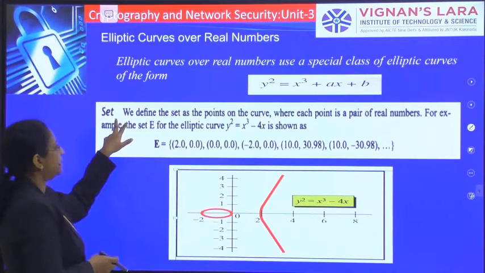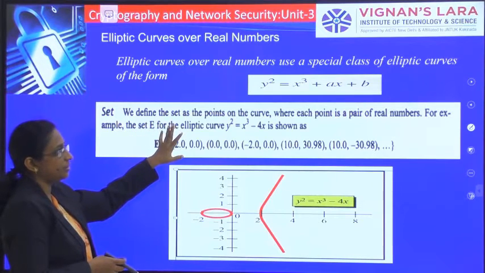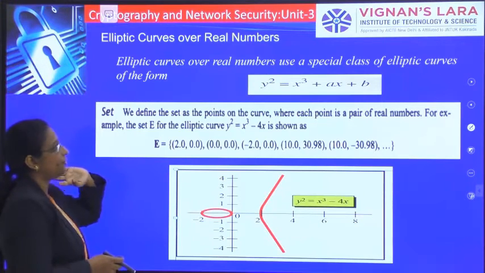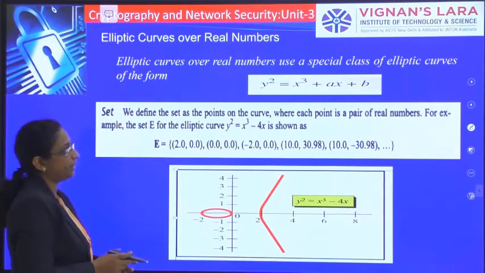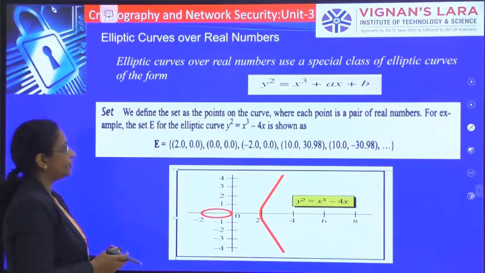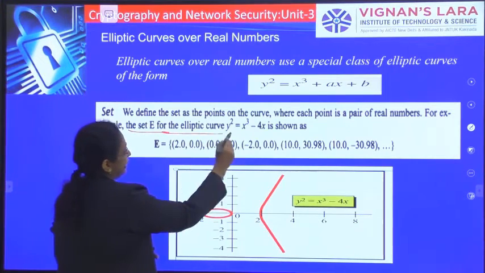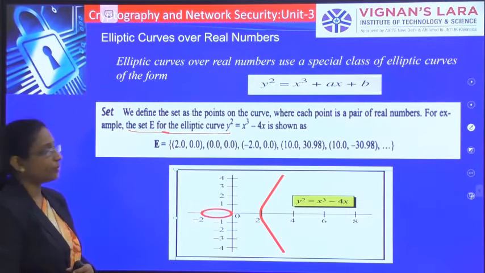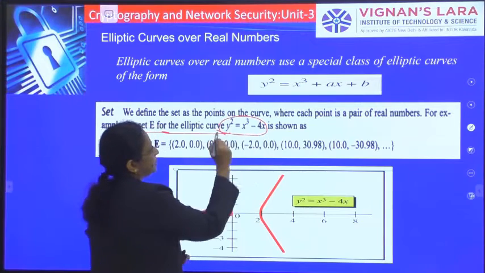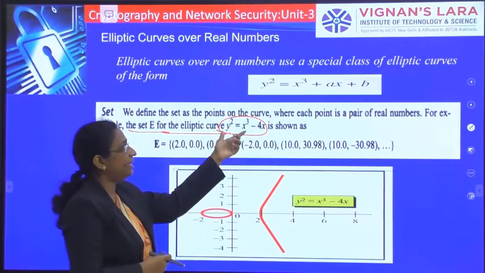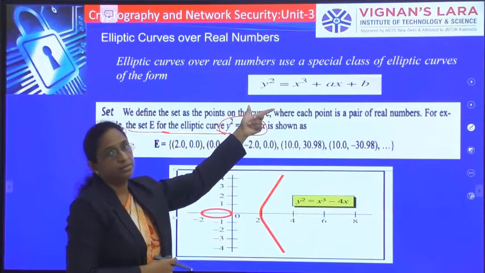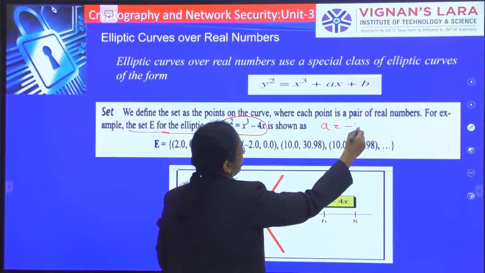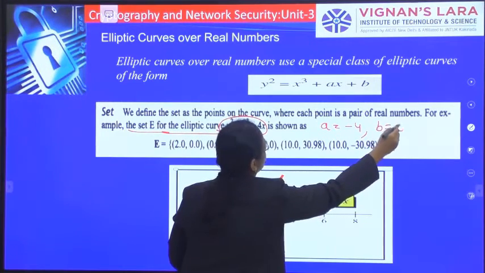Suppose we define the set E as the points on the curve, where each point is a pair of real numbers. For example, the set E for the elliptic curve y square equal to x cube minus 4x. This is my elliptic curve, and as I said, it should be of the form above, which means that here the a value is equal to minus 4 and b is equal to 0.